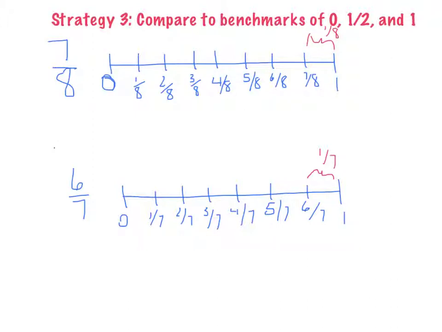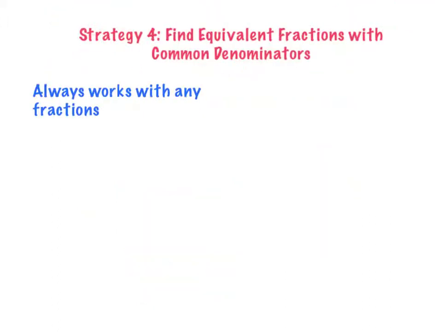Since 1/7 is a little bit bigger than 1/8, 6/7 is further away from 1 than 7/8, because 1/8 is a smaller fraction. So I can use that information to compare, and I can see that 7/8 is greater than 6/7.